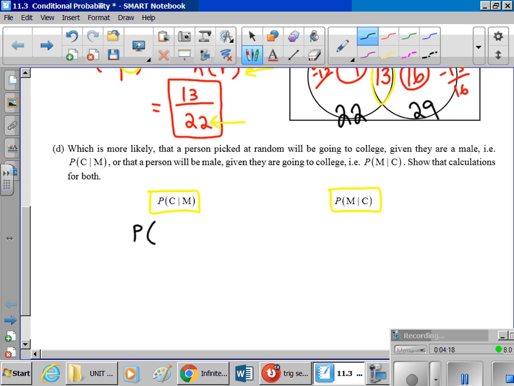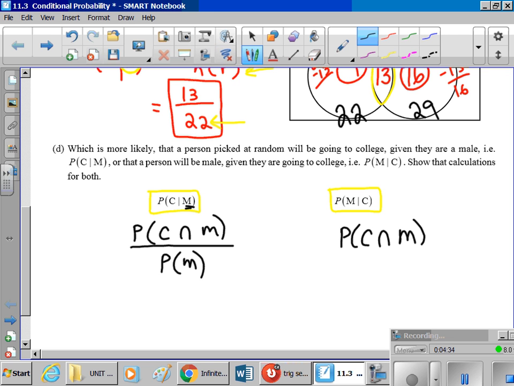It's the probability of C and M, college and male, divided by the given, the probability of a male. And the difference between that one and this one on the right-hand side is the probability of college and male stays on top, divided by, now this time, the probability of college.